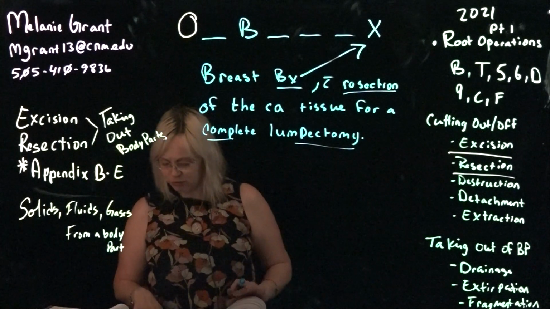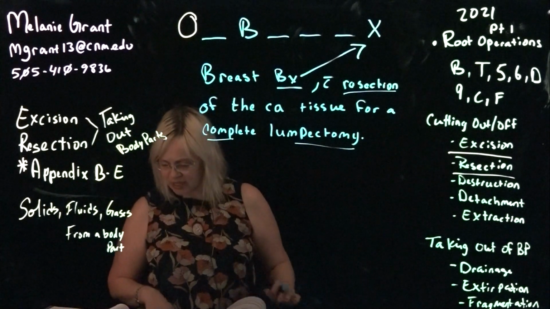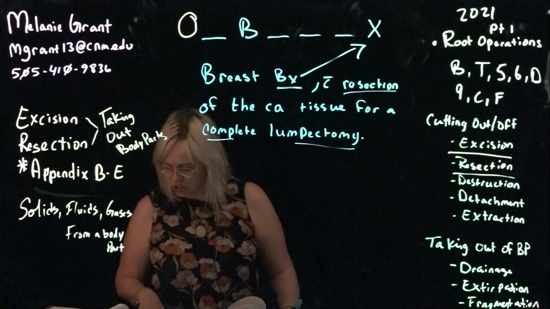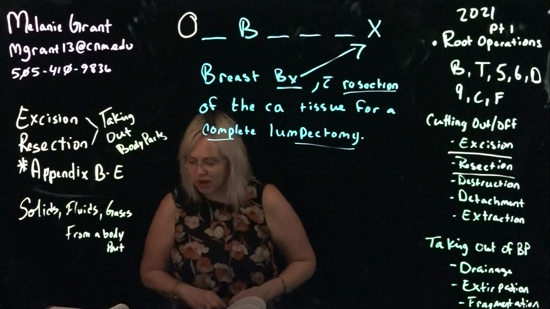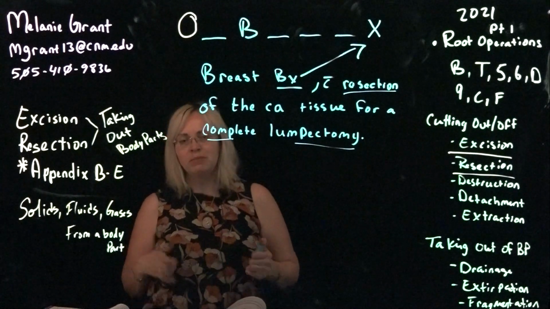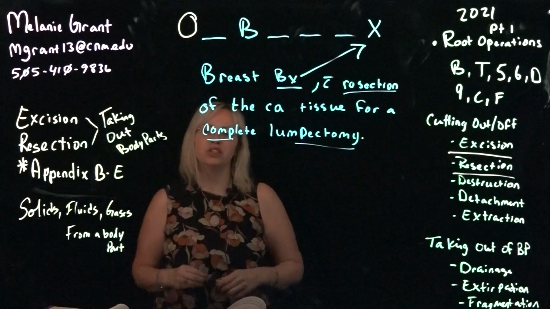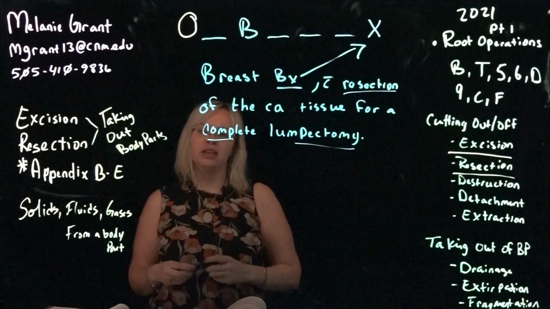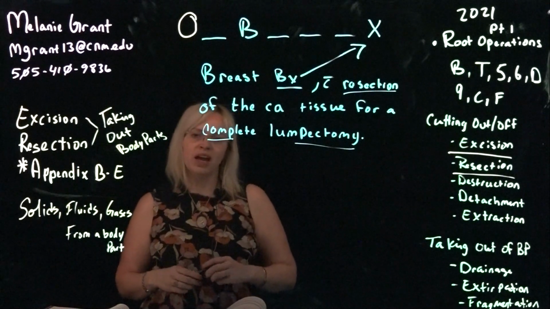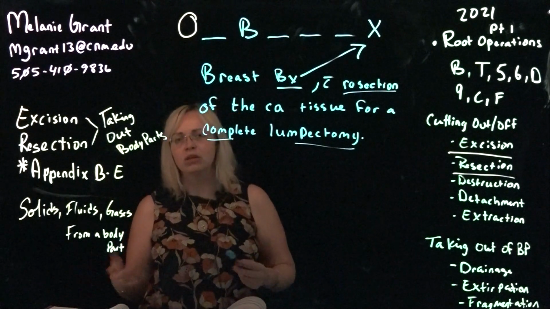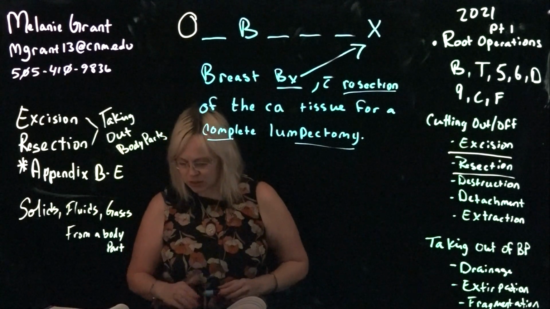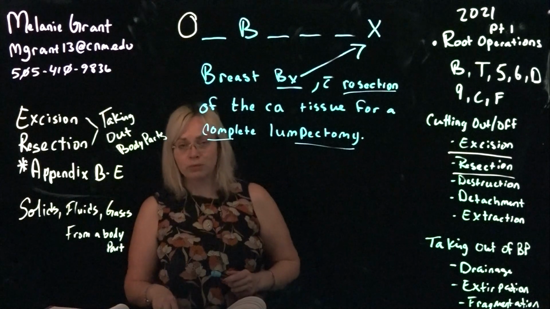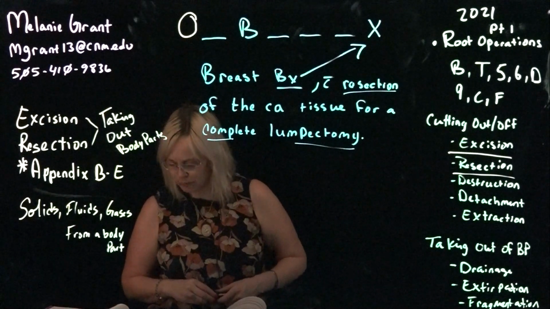So you want to think about fluids whenever you're taking or letting out. Extirpation, taking or cutting out, this is your solids. And then of course fragmentation, this can be done externally if you have a stone inside of the kidneys. You may have some fragmentation done by laser where they're breaking it up so that it can come out on its own. And they give an example there, lithotripsy, which is that exact procedure.